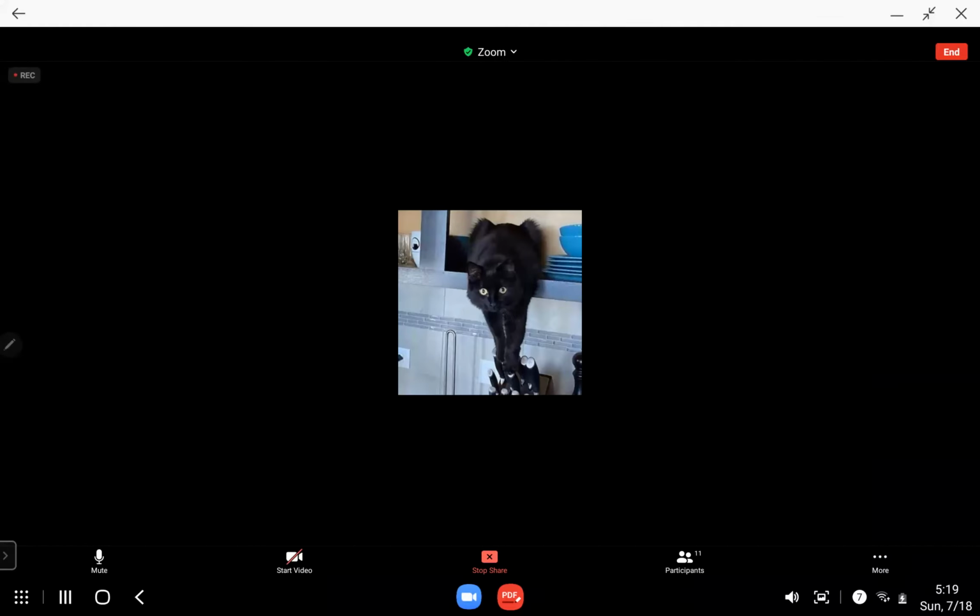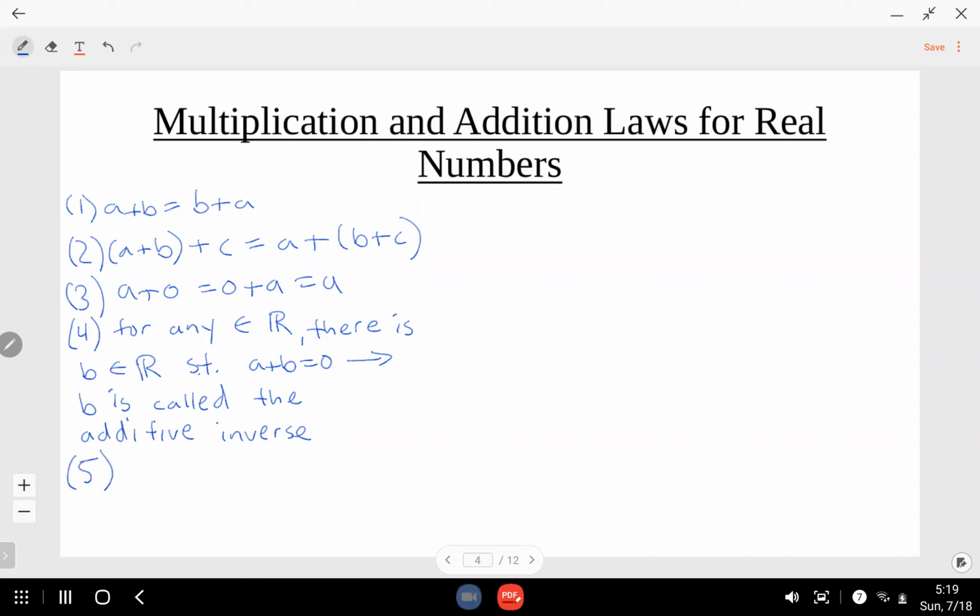Okay, so number 5. This is basically the same thing. This is also the commutative property, but this is for multiplication. So a times b equals b times a, where a, b, c are real.